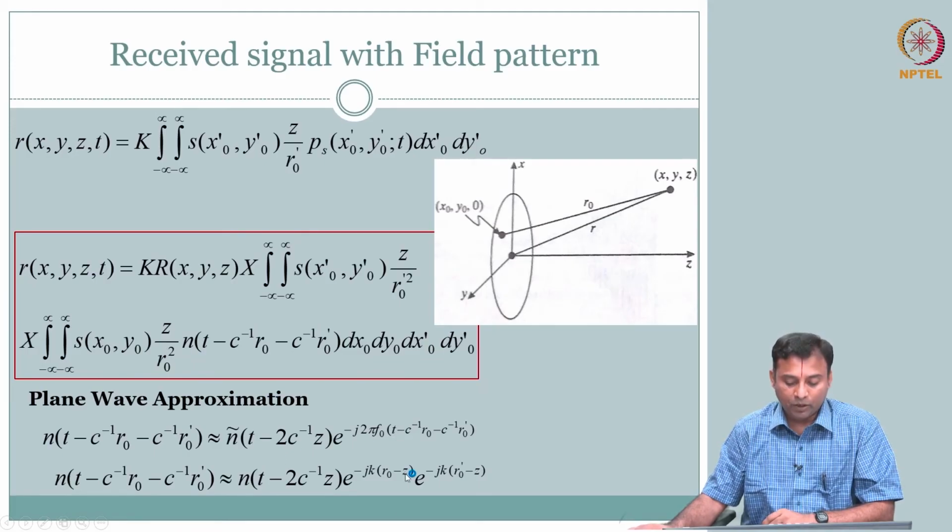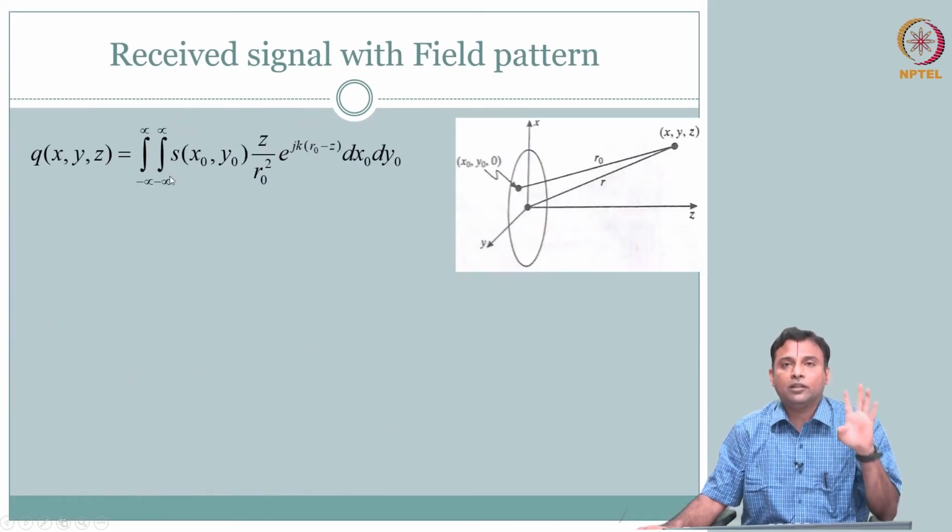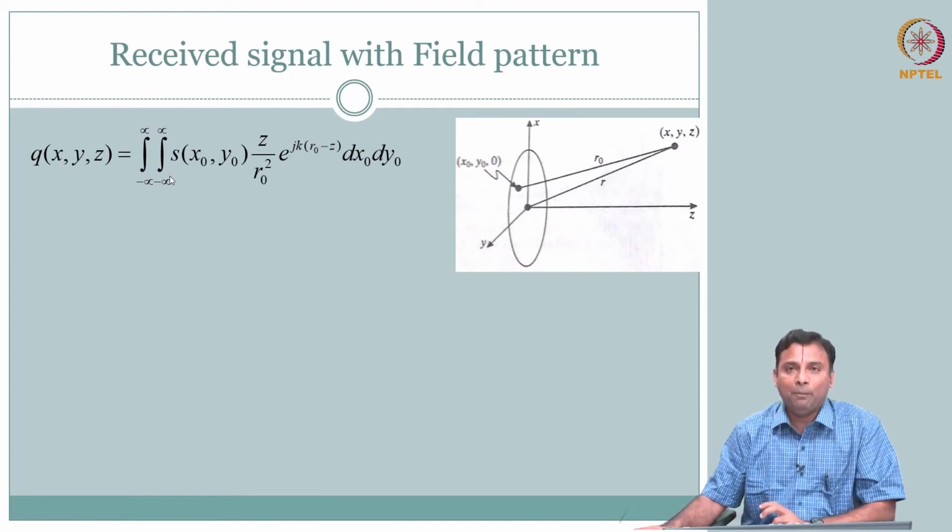Rather, by doing this approximation, conveniently splitting this as r naught minus z and r naught dashed minus z, it turns out that if you put it back here, you can simplify this into 2 identical double integrals. The 4 integrals became 2 identical double integrals because of this manipulation.